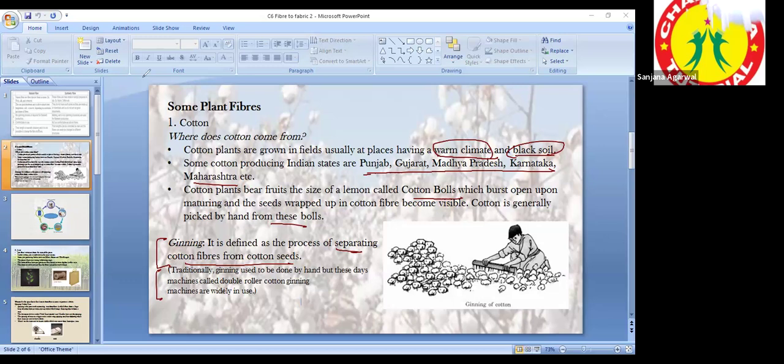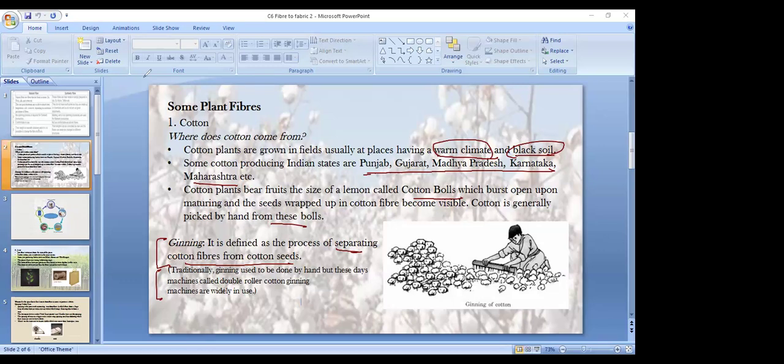Okay. Note this down once. Ma'am, cotton and ginning. Yeah, about cotton and ginning.